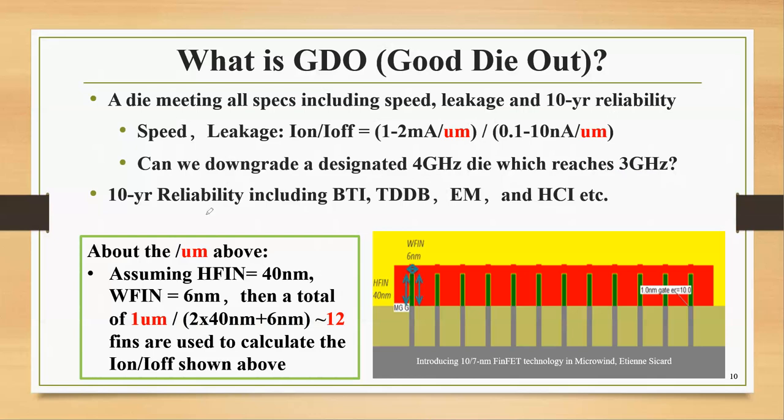And reliability is a little bit different from what we just said; it has something to do with infant mortality too, and we're going to discuss it later in our future talks. Here it just means that the die meets your many key KPIs like bias temperature instability, TDDB, electromigration, and hot channel injection, and all these terms describing the reliability of a die.